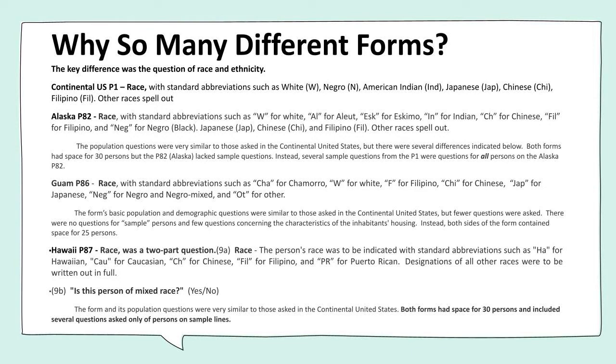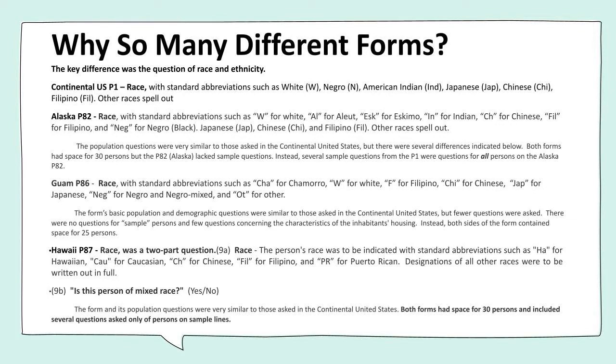In Hawaii, another territory at that particular time, it was a two-part question relative to race. First, they had a standard of abbreviations, HA for Hawaiian, Caucasian, Chinese, Filipino, and Puerto Rican, and then the designations of all others would be written out in full.